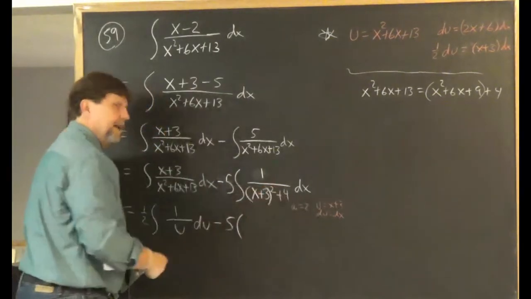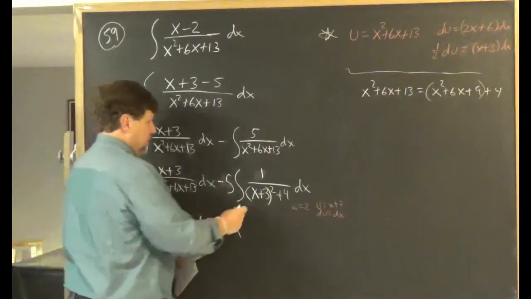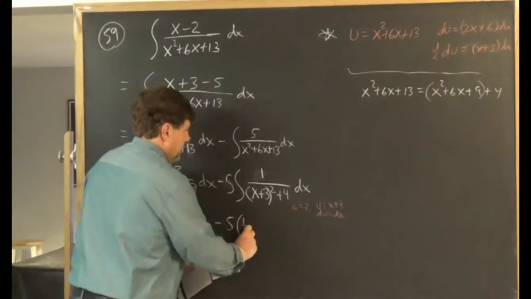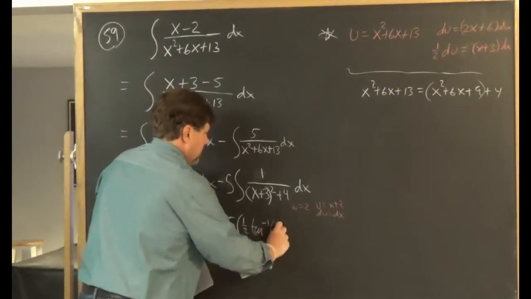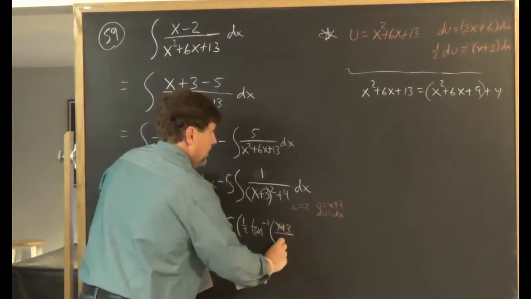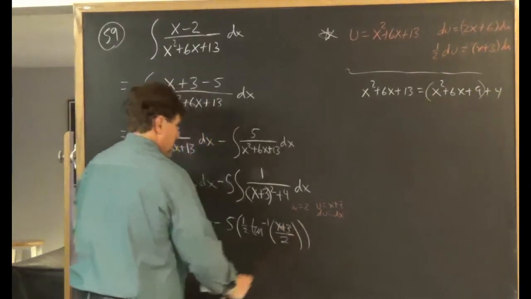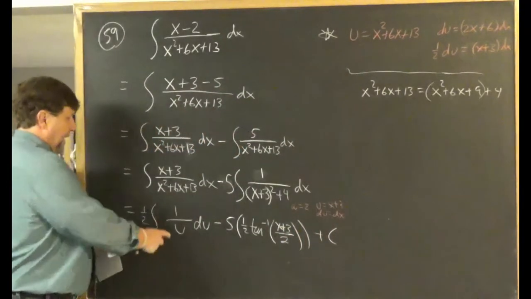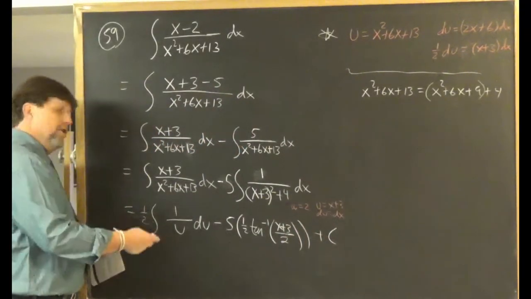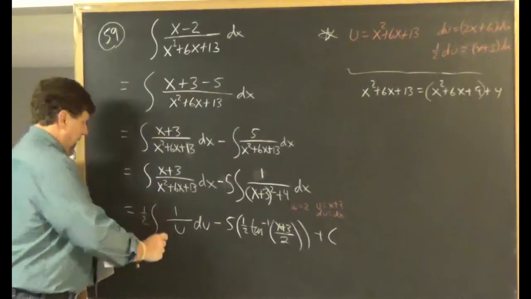Let's go ahead and get an antiderivative here. It's inverse tangent, so that's 1 over a, inverse tangent u over a. I'll go ahead and tack on my plus c so I don't forget. I know the antiderivative of 1 over u is natural log absolute value of u.